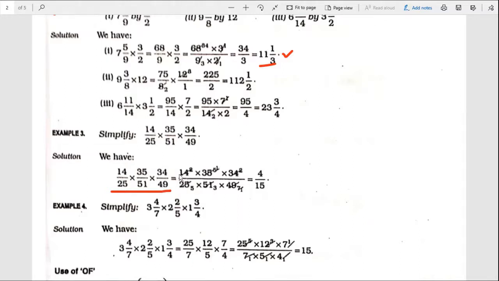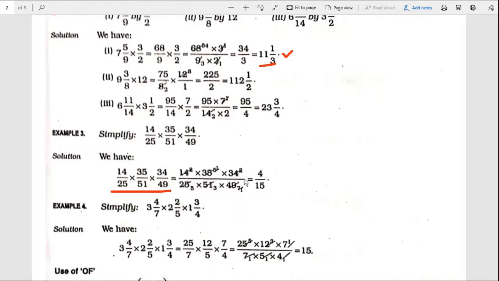We have 14 by 25 into 35 by 51 into 34 by 49. 14 and 49 are both divisible by 7. So 7 twos are 14 and 7 sevens are 49. Again 28, 35, 34.